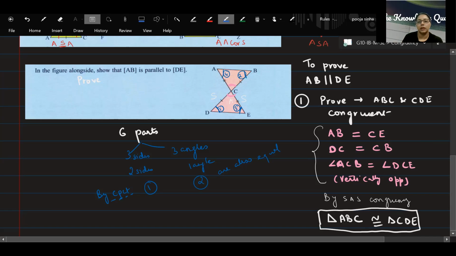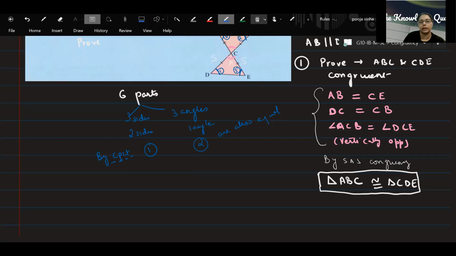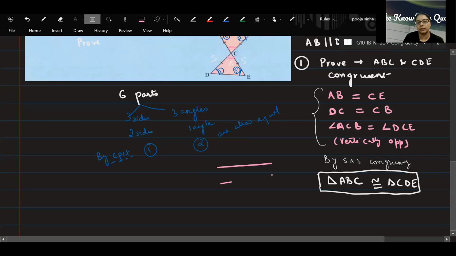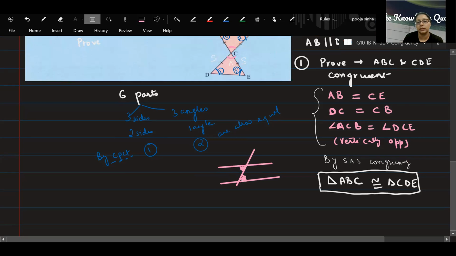So now you know that in parallel lines, I'll just draw 2 parallel lines. When I have 2 parallel lines, then this angle is equal to this angle. Am I correct in saying that? And why are they equal? They are co-interior angles.